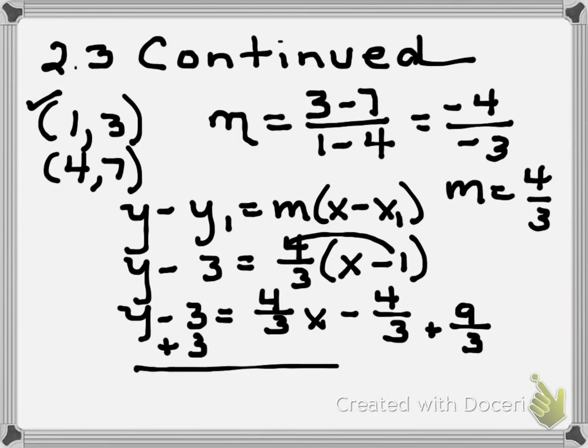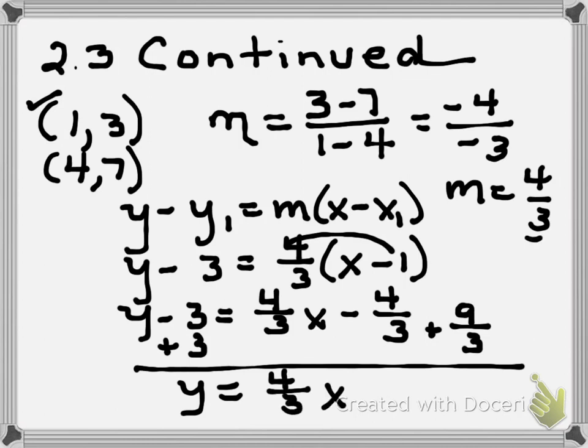I'm going to add it as 9/3. So it makes it a little bit easier if they have a common denominator. So I have y is equal to 4/3 x, that's the slope, and then a negative 4/3 and a positive 9/3 is positive 5/3. 5/3 is the y-intercept, and 4/3 is the slope.